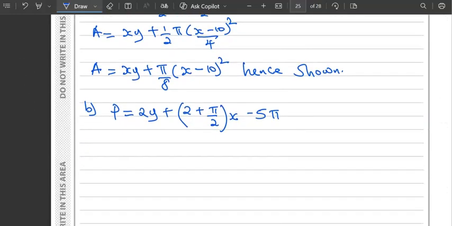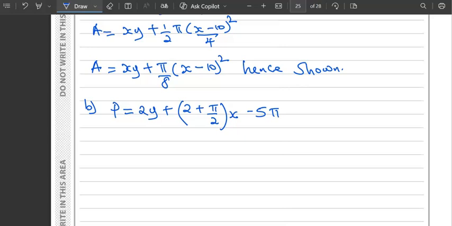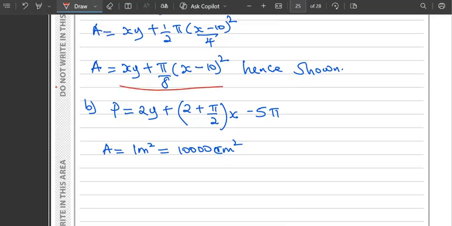the first step in this case is, we know that area is given as 1 square meter, and 1 square meter translates to 10,000 square centimeters. So that means we'll equate what we have up here to 10,000.